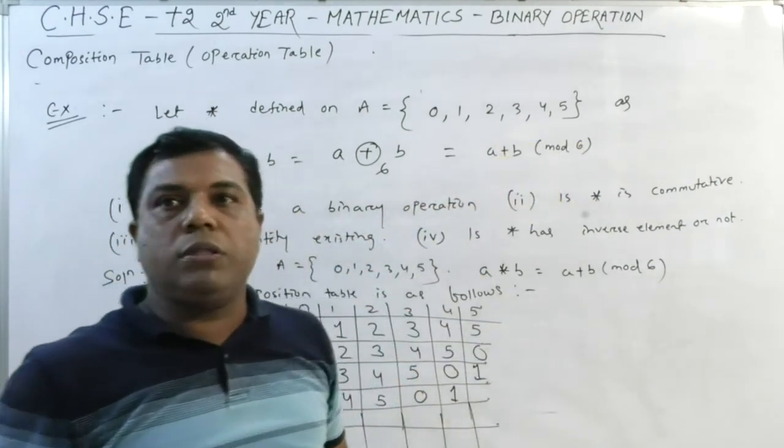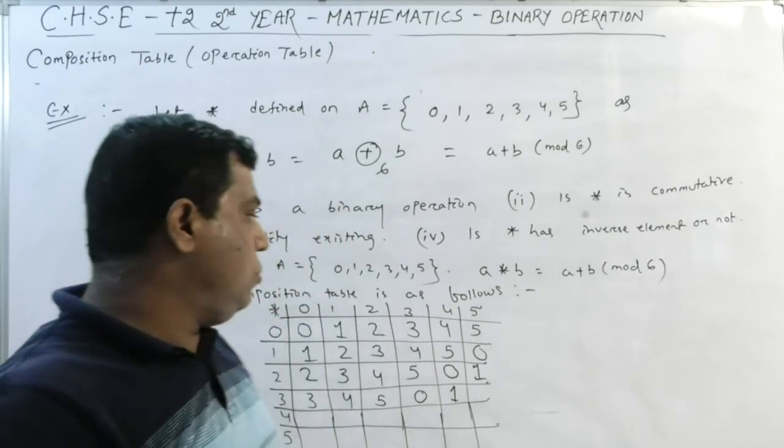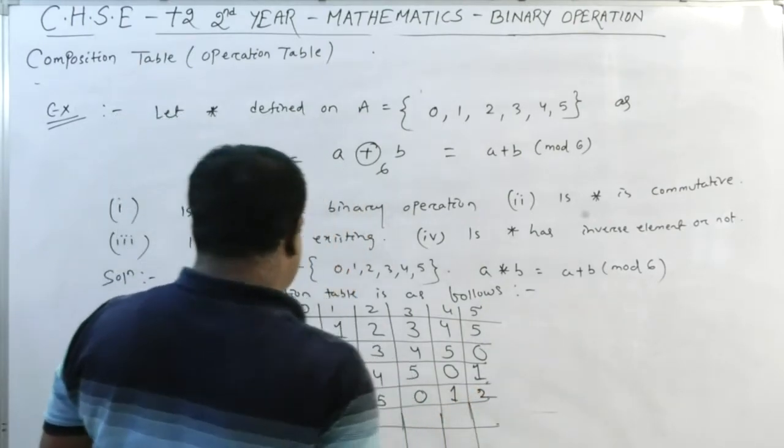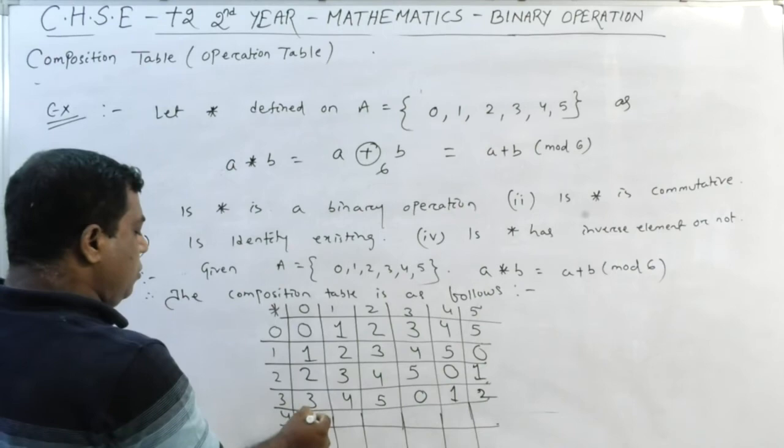When 8 is divided by 6, the remainder is 2. And 4 operation 0 is 4.